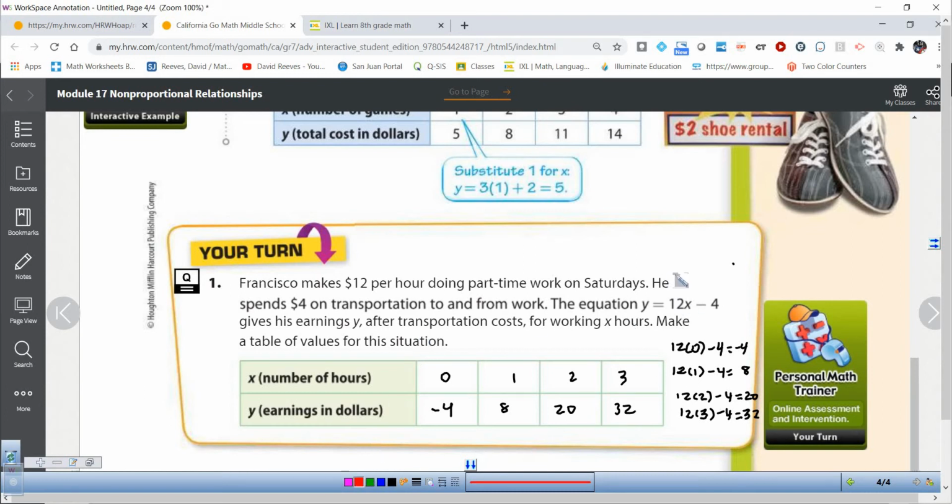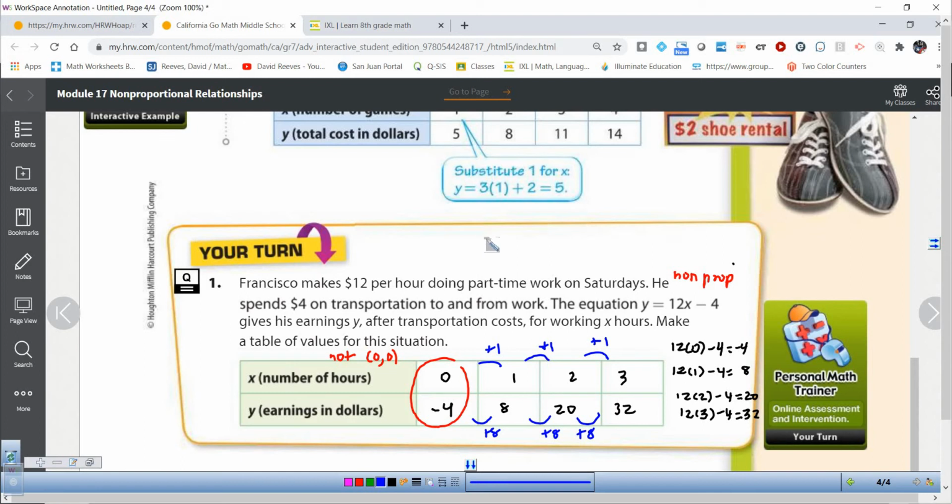You'll notice a couple things. This is a non-proportional relationship, and we know that because when we take a look at that, it does not go through 0, 0. Yet it does have a constant rate of change. Each of these is going up by 8 as each of these goes up by 1.